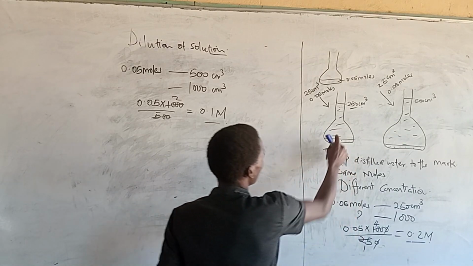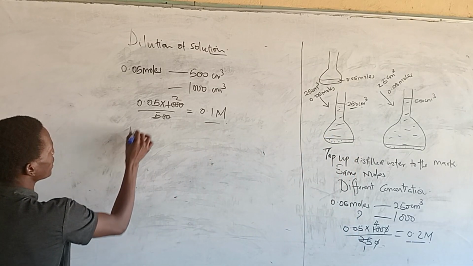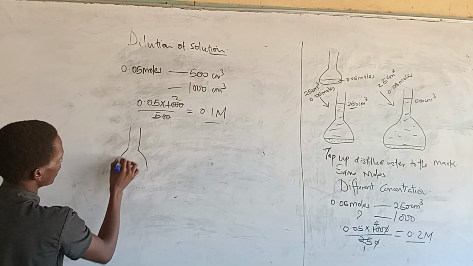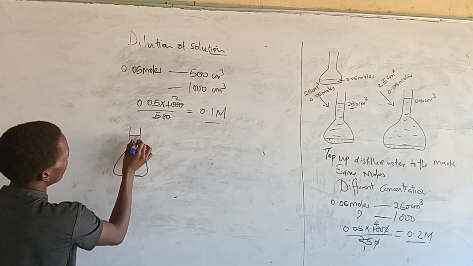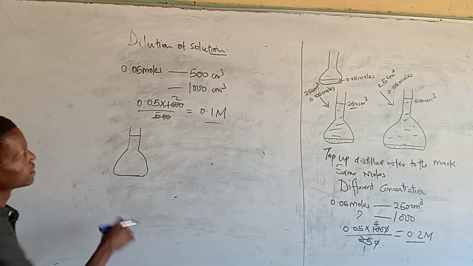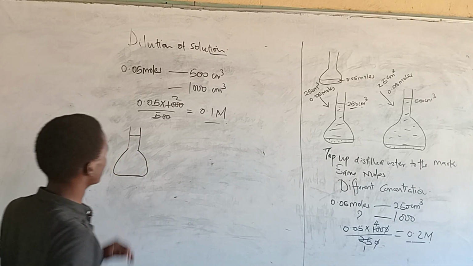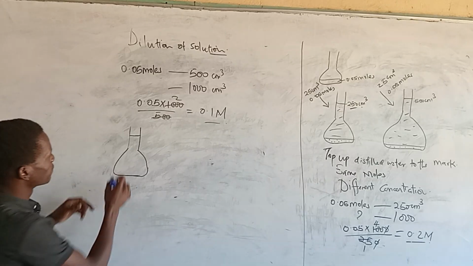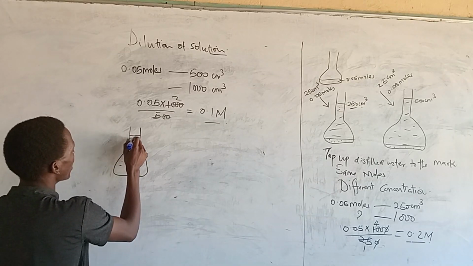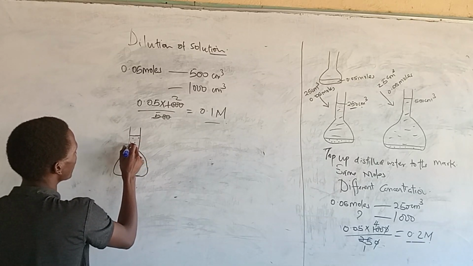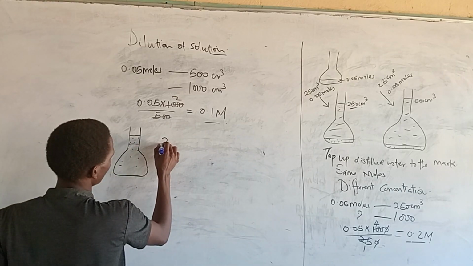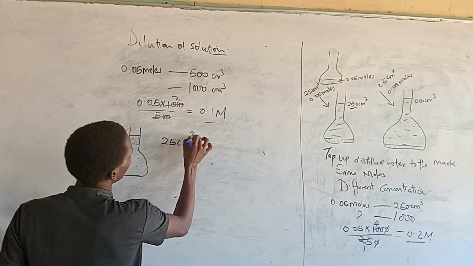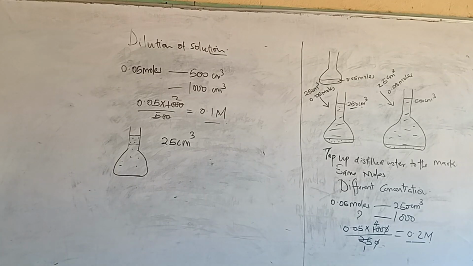So now we are given the 250 volumetric flask, and we add water to the mark. You shake so that the particles are distributed well. After that, you are supposed to pipette another 25 centimeter cube. These are concepts that I want you to understand.